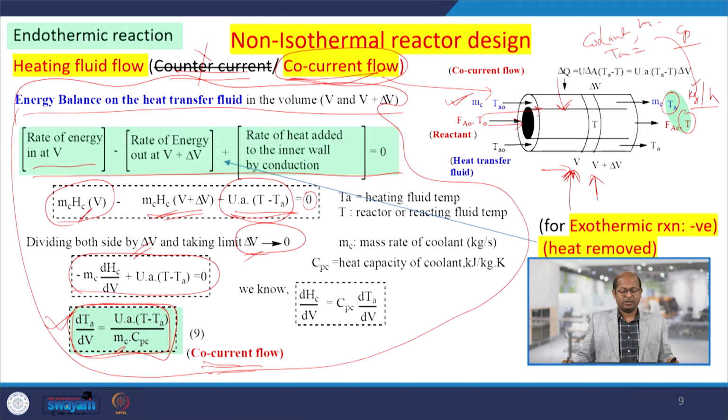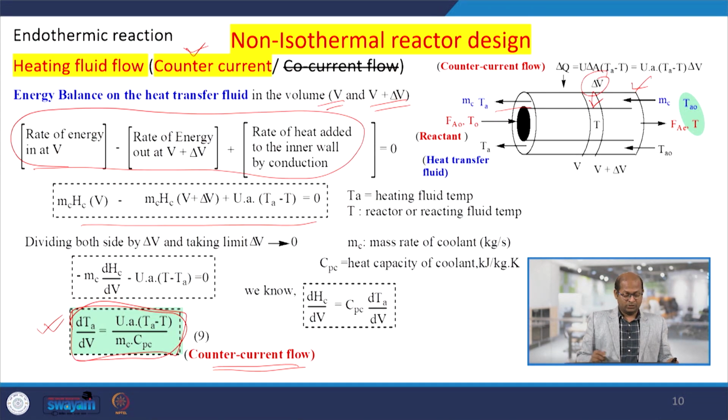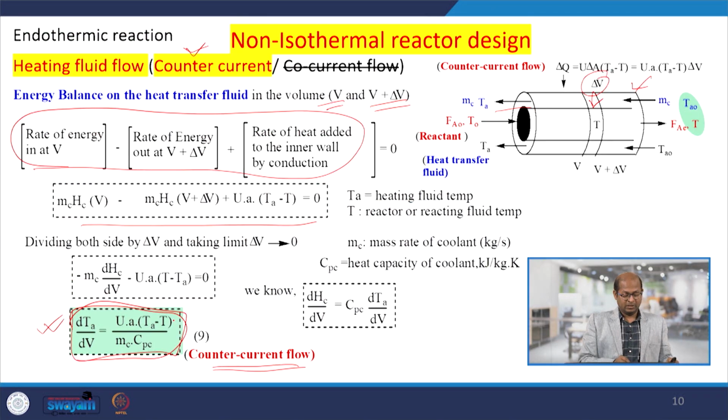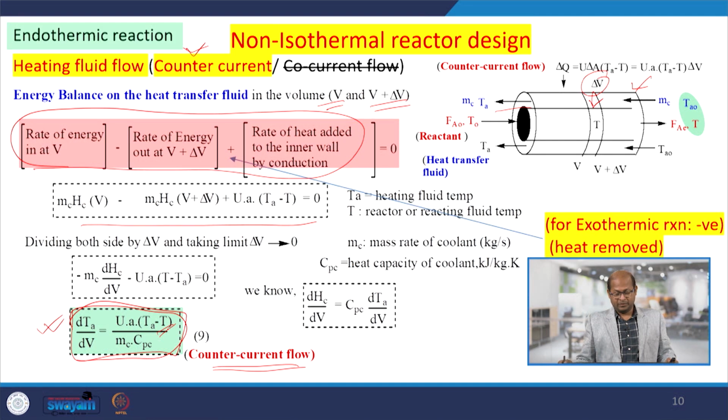Earlier one was the co-current and this one is the counter current. Here it was T minus T_A, here T_A minus T, the same thing, just the sign is different.